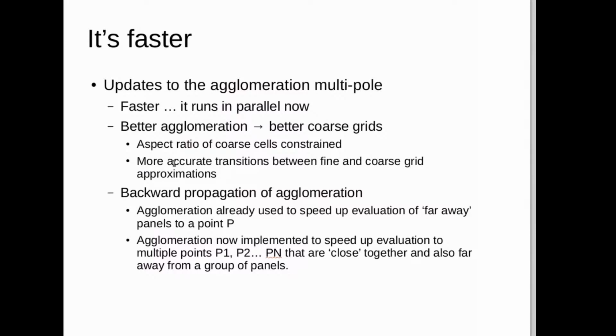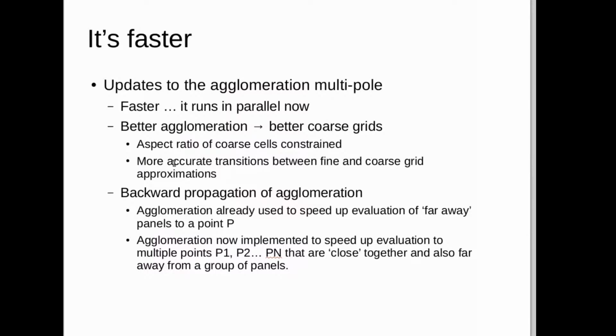We've improved the agglomeration process itself, so it generates some better coarse grids, more aspect ratio constrained grids, and a little bit more accurate transitions between the final coarse grid approximations. And then the biggest one, backward propagation of the agglomeration.